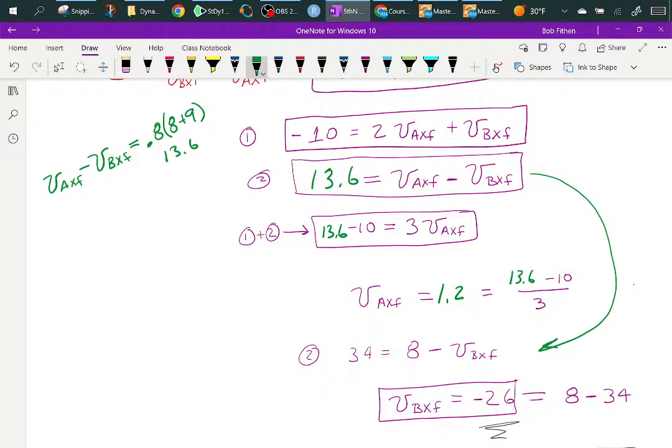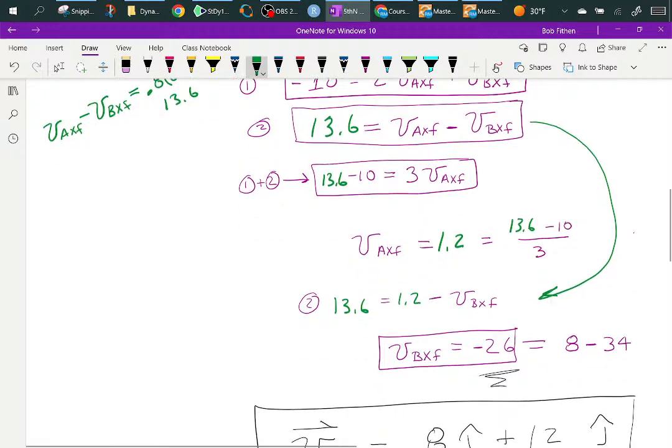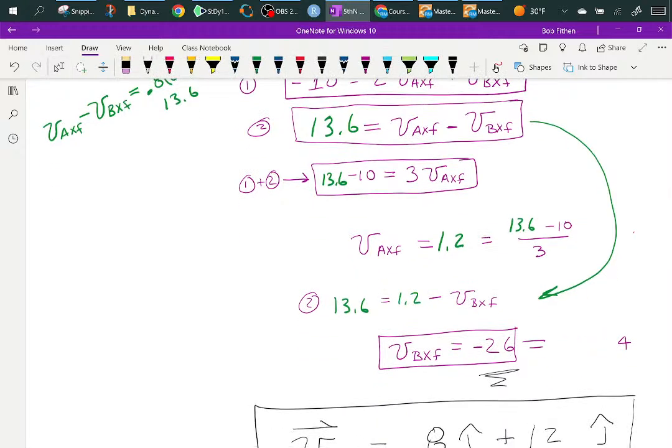And this on the left hand is 13.6. VAXF is not that, but it is 1.2, meaning, hang on, that this becomes 13, whoops, 1.2 minus 13.6.